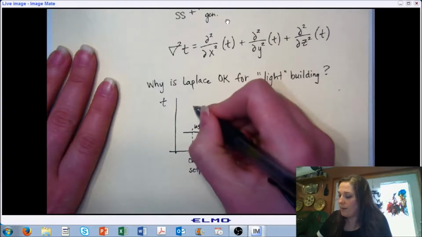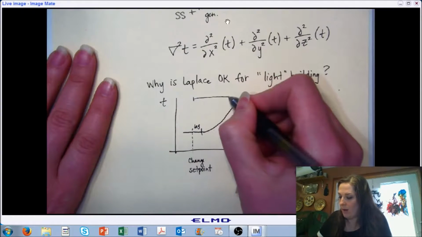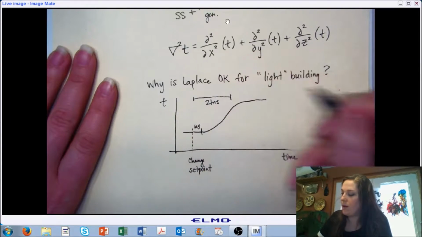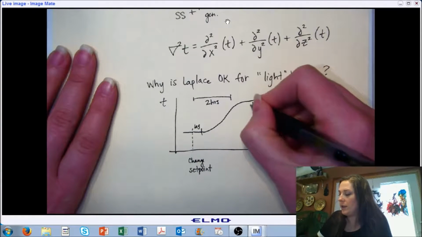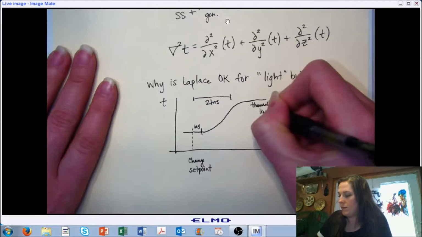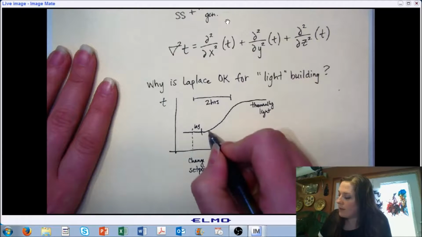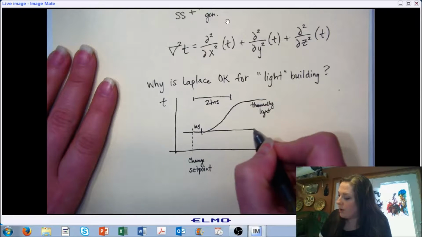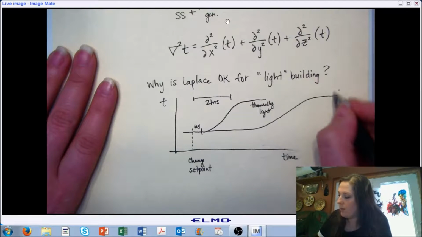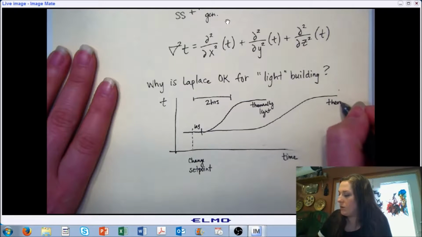If this change happens within about 2 hours, then we call that a thermally light structure. But if that change takes much, much longer, then we call that a thermally massive structure.